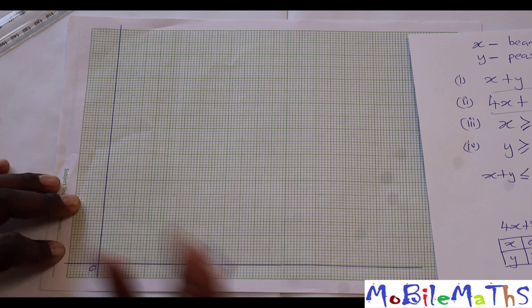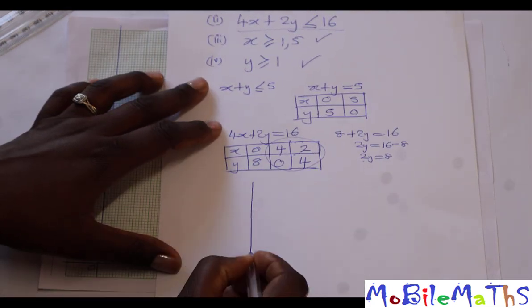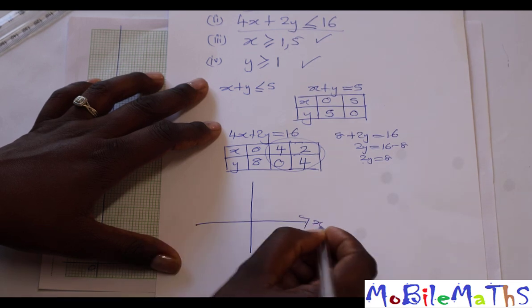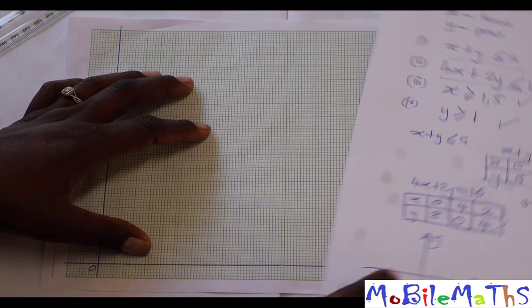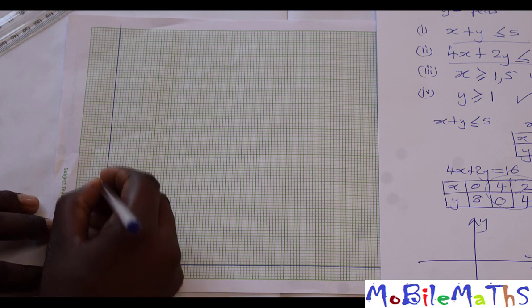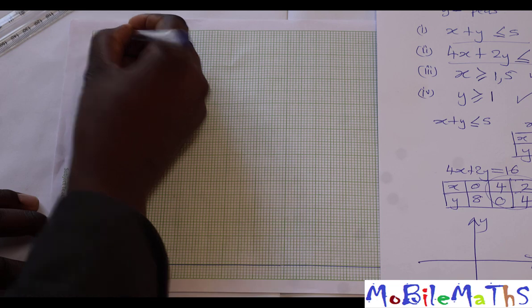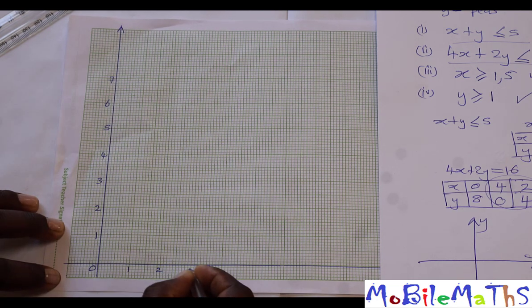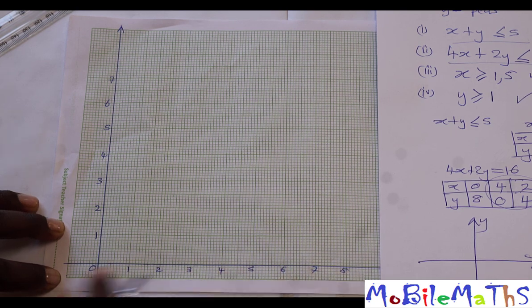Then they gave us all conditions starting from 0 going this side, so there was no need to have that graph where I have x and y going to negative values. Already they gave us the conditions, so we can do away with that. So I have 1, 2, 3, 4, 5, 6, 7, and so on, 1, 2, 3, 4, 5, 6, 7, 8, and so forth.